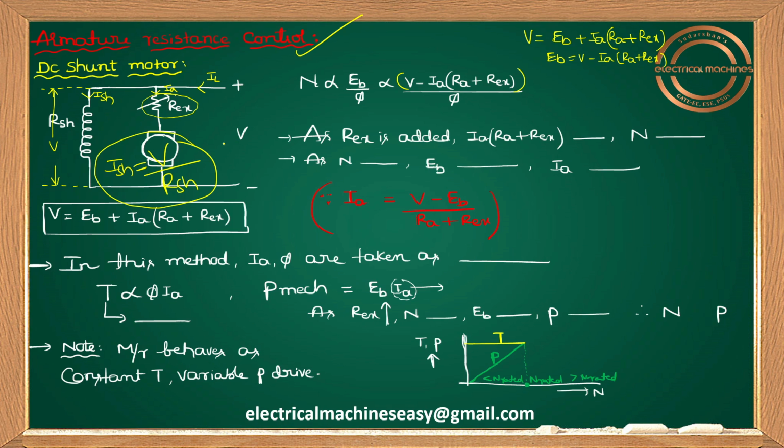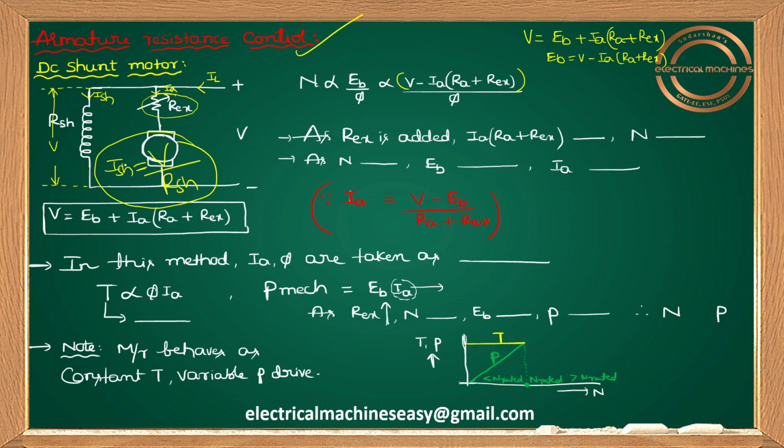As long as supply voltage is constant, ISH remains constant. In the previous method, the field or flux control method, I connected some variable resistance in series with the field, so there I took flux as the variable. Here, I am not having any extra resistance in series with the field winding, I don't have any variable rheostat in the field circuit.